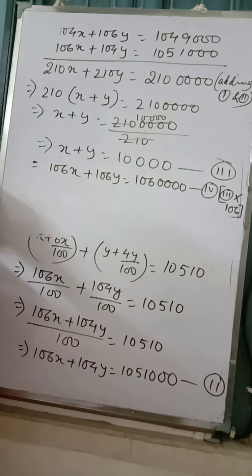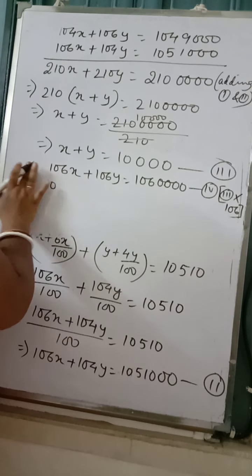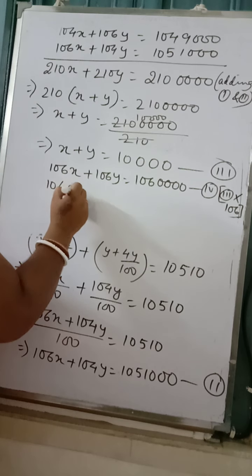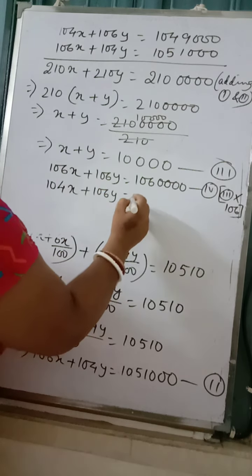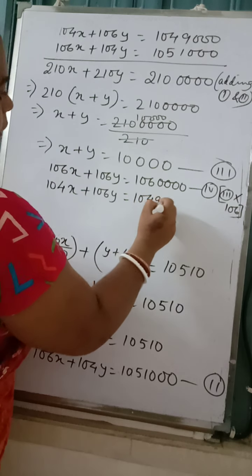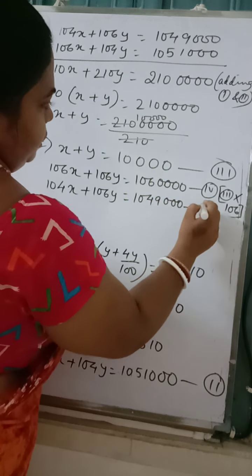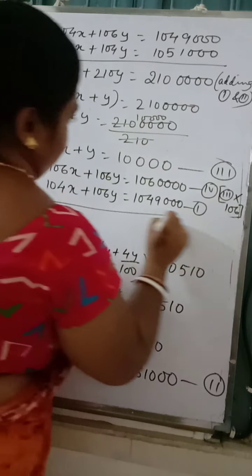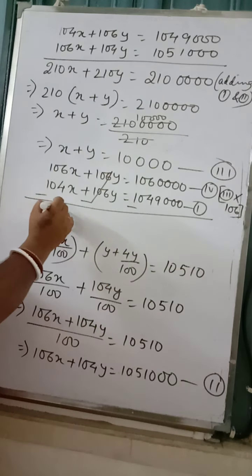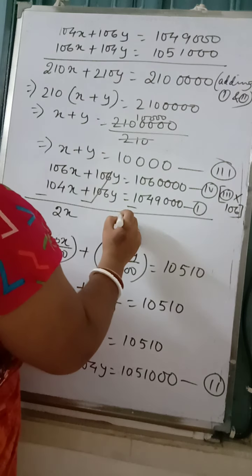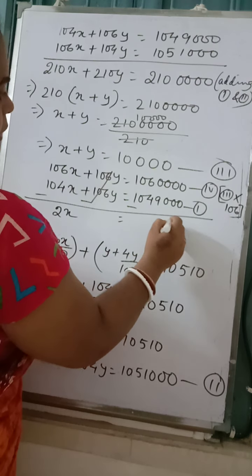I am writing here 104X plus 106Y is equal to 1049000. This is equation number 1 we had. Now I am just subtracting. This is cancelled. I am left with 2X and here I am left with 0, 0, 0.